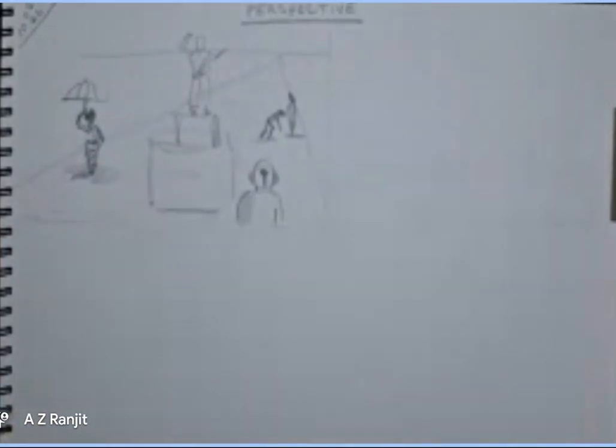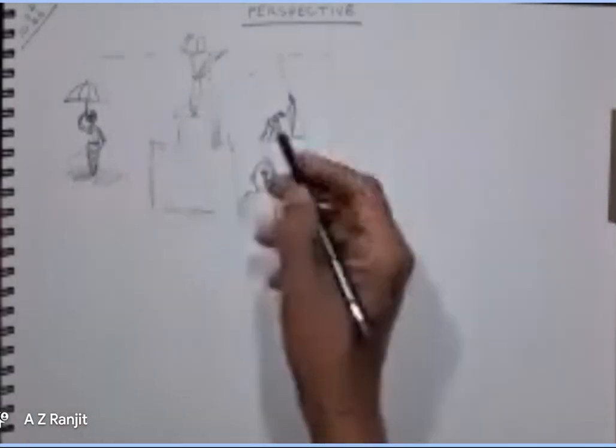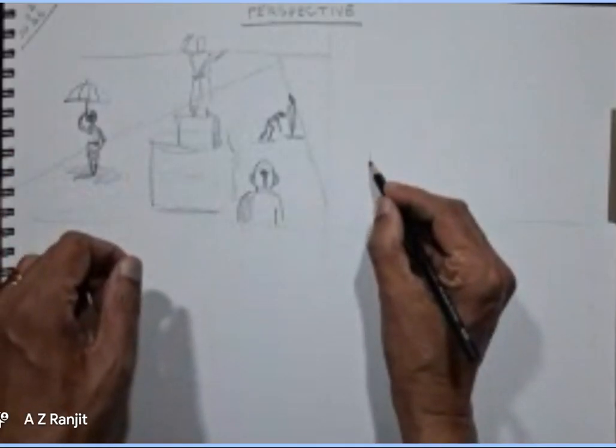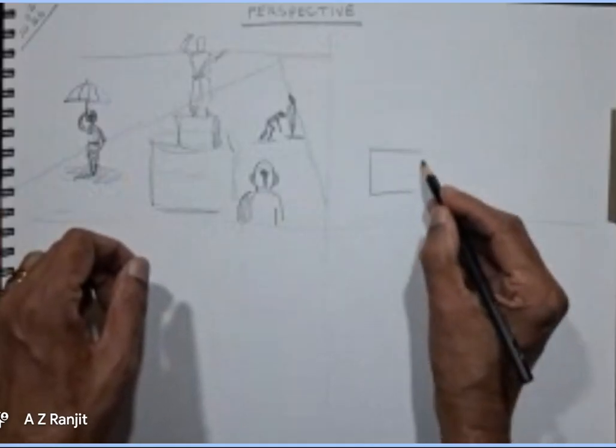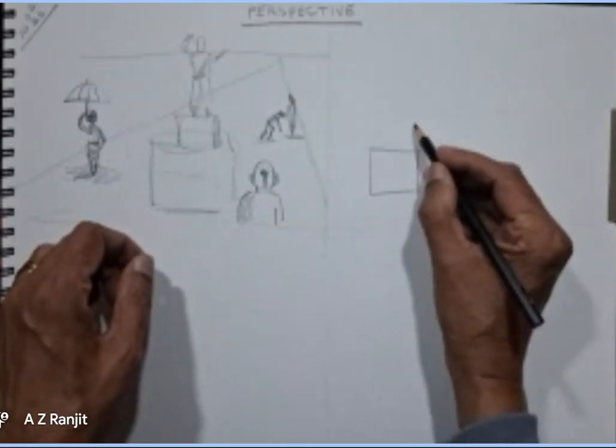So even without having light and shade, or a road, suppose I'm just drawing this. I'm not even going to be drawing three dimensions. I'm just going to be drawing like that.